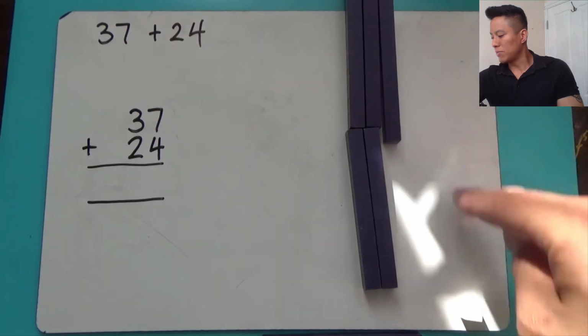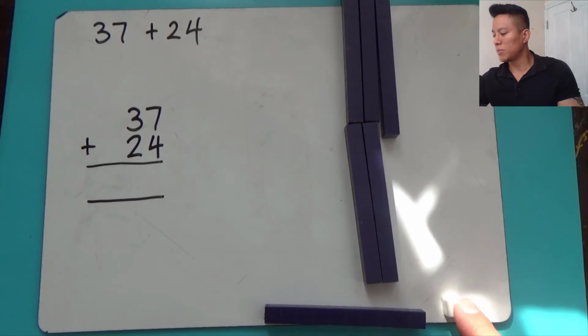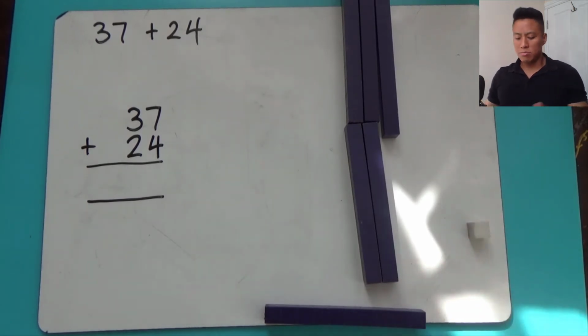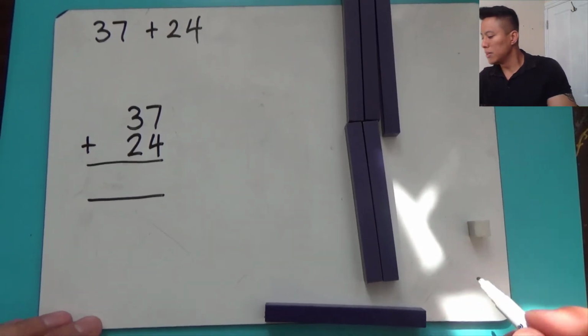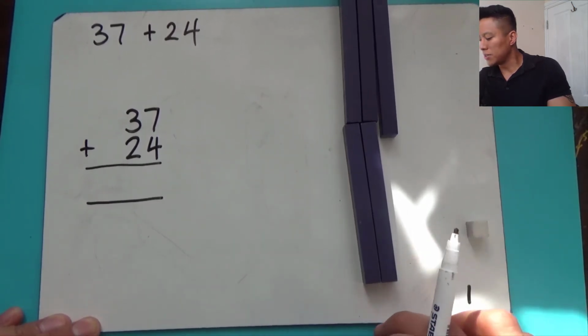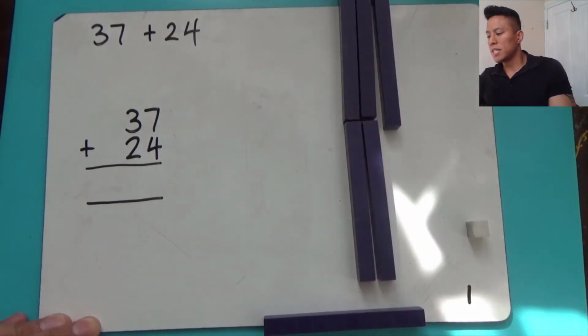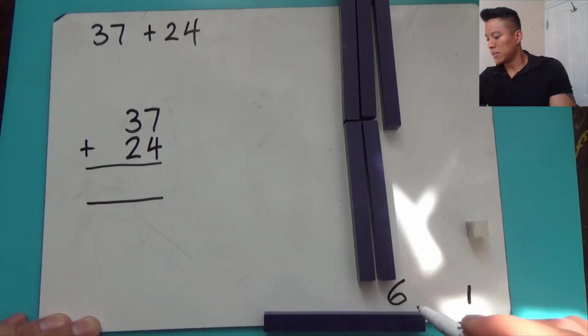And here's my 11. There you go, 11 ones. So I'm going to put down my 1 here. Now 1, 2, 3, 4, 5, 6. There are 6 tens here. That 6 is in the tens column, so it represents 60. 60 and 1 makes 61. If I put them all close together, it's going to look like the number 61.